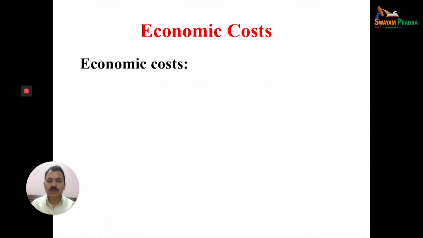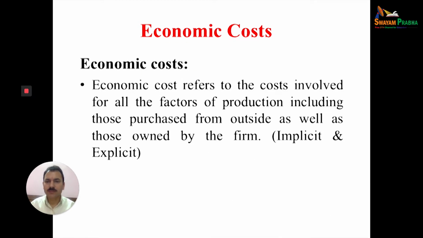Now, what is economic cost? Economic costs refer to the cost involved for all the factors of production, including those purchased from outside as well as those owned by the firm, implicit or explicit.